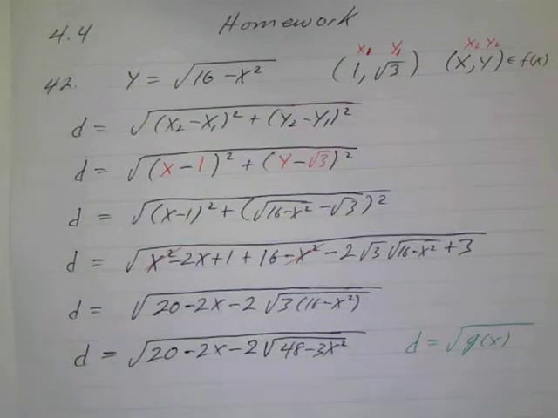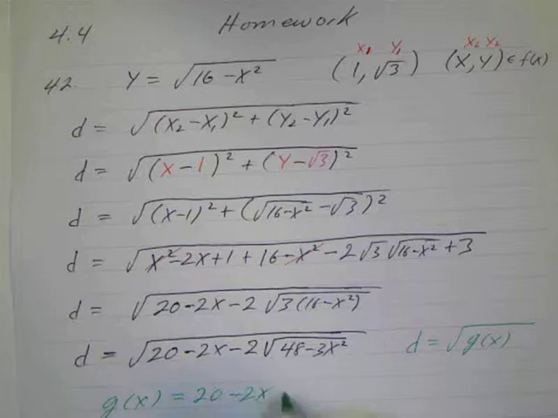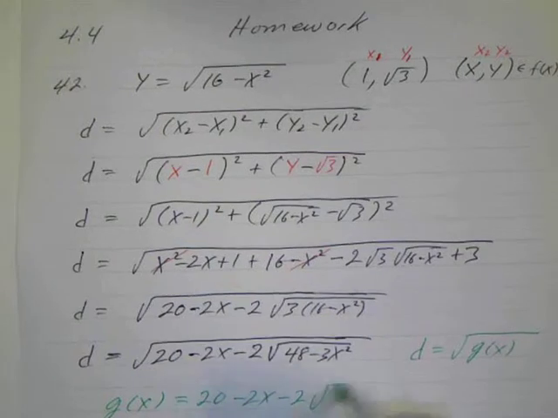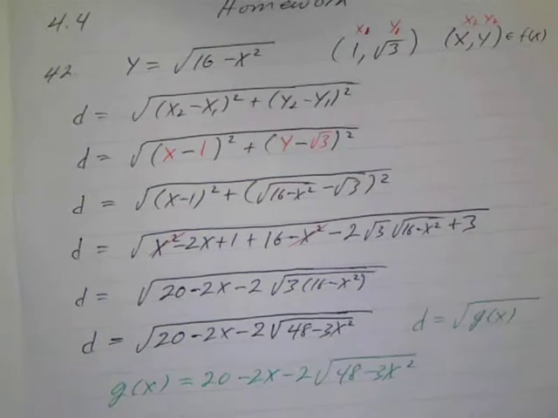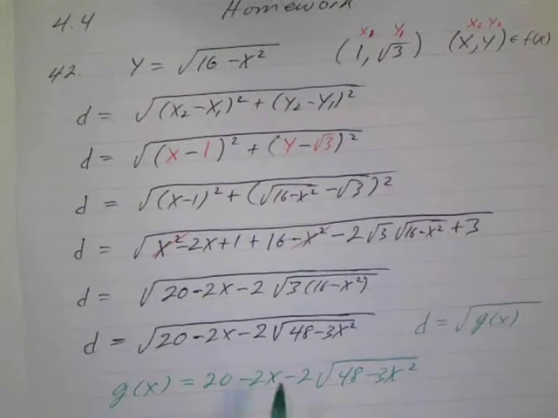I'll write g of x equals 20 minus 2x minus 2 times the square root of 48 minus 3x squared. So that's what we want to minimize. If we minimize that, we'll minimize the distance, but then we're going to have to put this back under the radical. The distance will be the square root of this function.